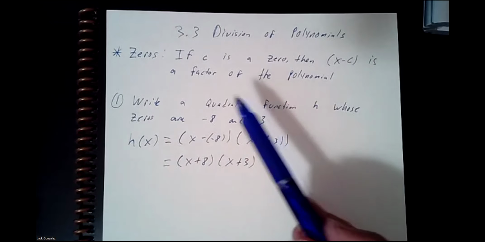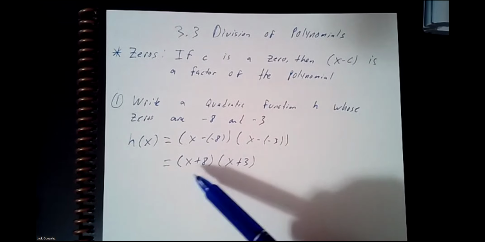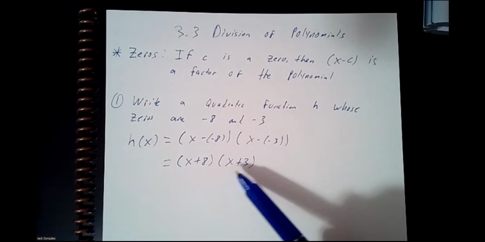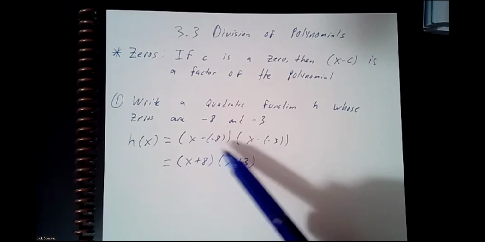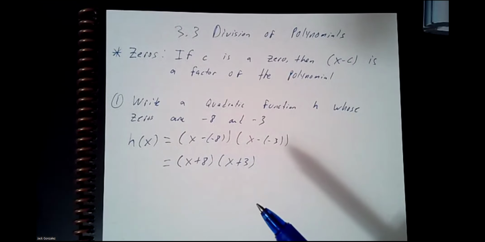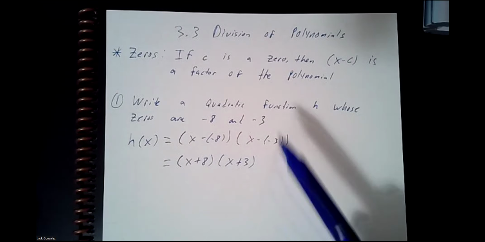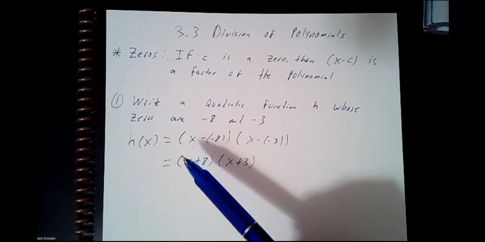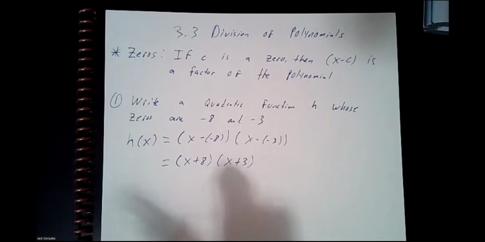And you can see, if you plug in negative 8, this zeroes everything out. If I plug in negative 3, it zeroes this out. So whenever you have a zero of a polynomial, it is a factor written like this.